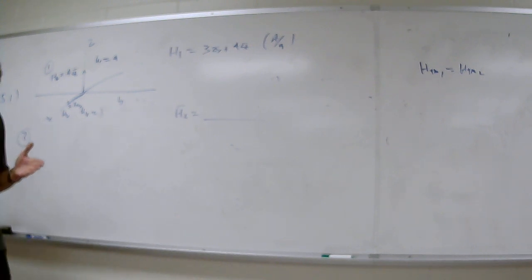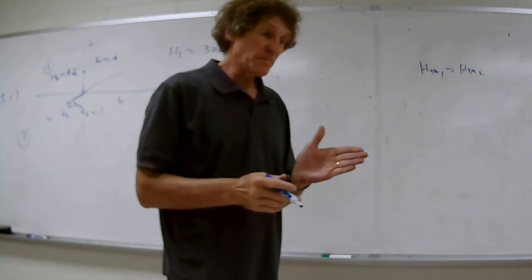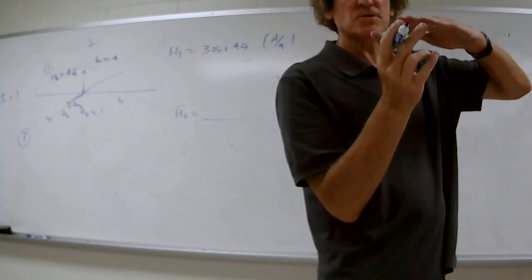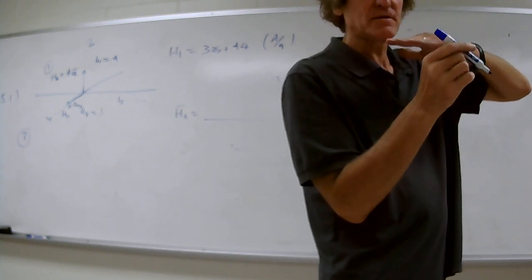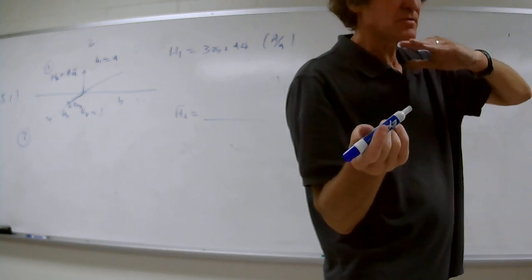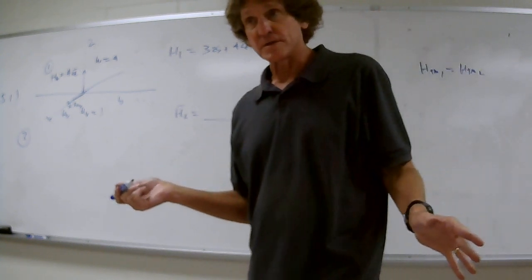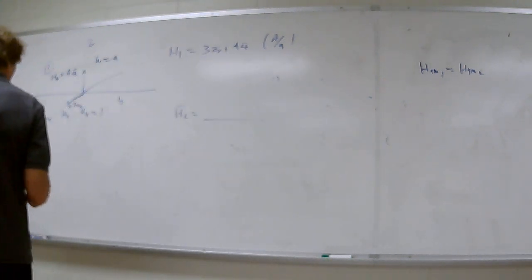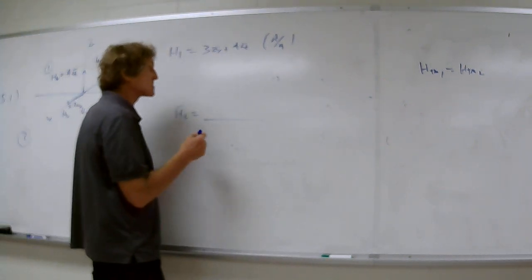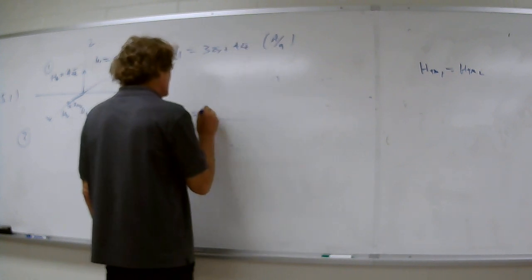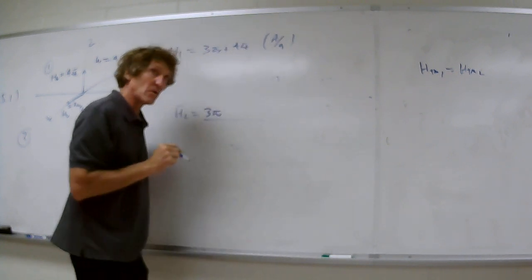Tangent means it's planar, in the plane of the surface. The surface is in the XY plane at Z equals 0, so it's only X. If there was a Y component, it'd be Y2. So H2's X component is the same as in H1, which is 3AX. Do you all follow?